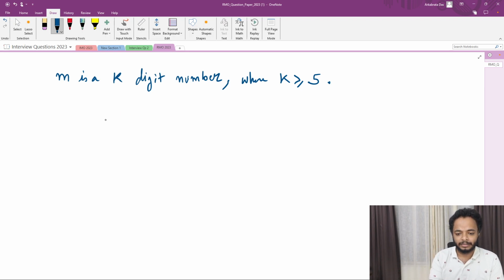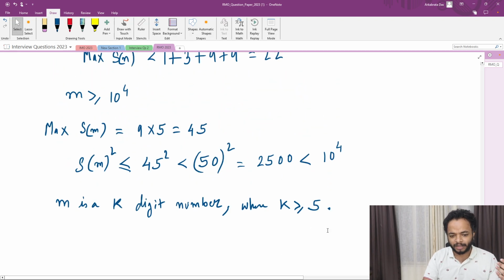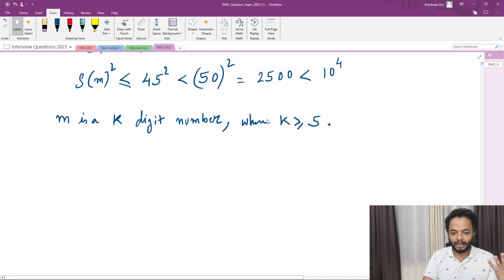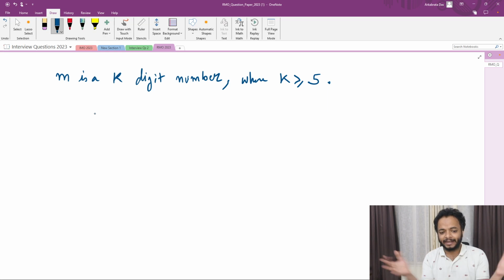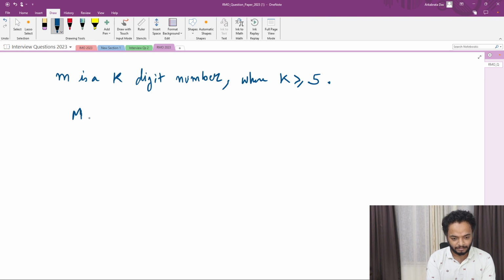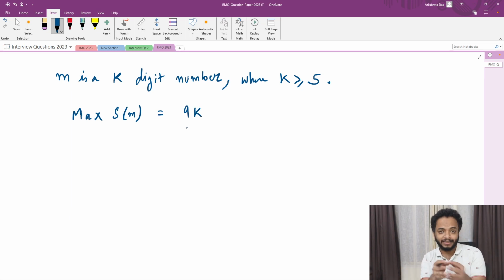Now what should I come up with? This process, what I did for 5, I tried to generalize it. So how do we generalize it? If m is a k digit number, then again, what is the max Sm? That is 9k, as simple as that: k digits, each at most 9, so the sum is 9k.